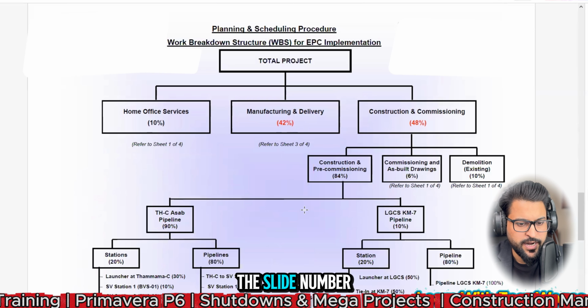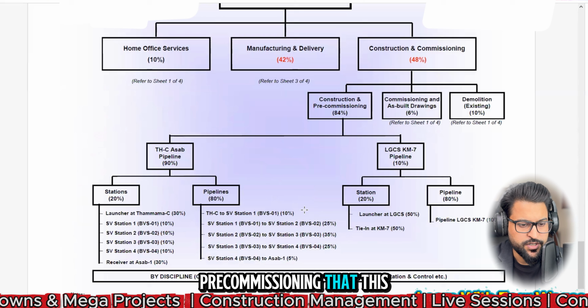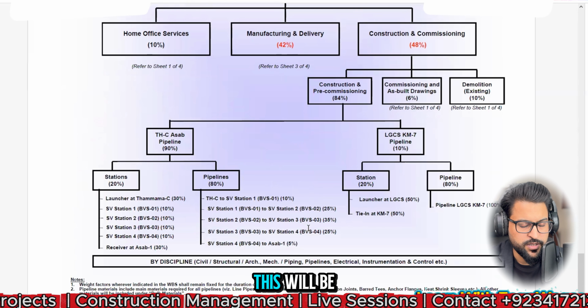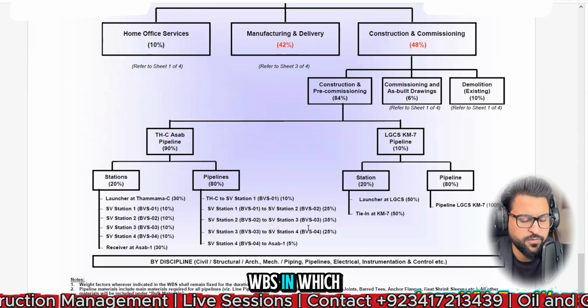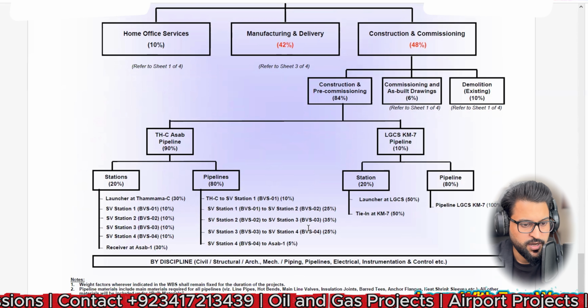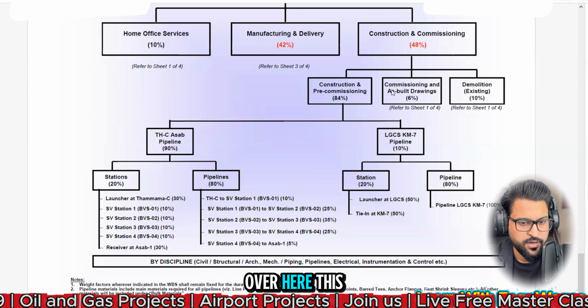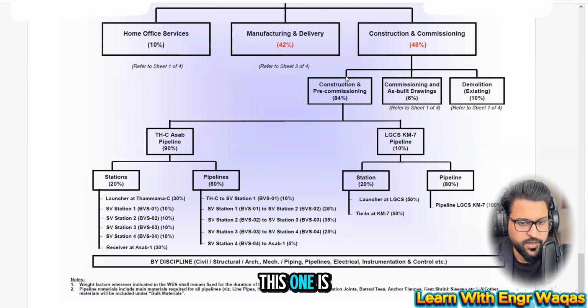And then in slide number 4, you can see your construction and pre-commissioning. This will be your construction phase WBS, in which your THC pipeline 90% is subdivided into stations, and stations are further subdivided. You can see over here, this one is subdivided into 90% here and 10% for that package, 7 kilometer here, and this one, THC sub pipeline.